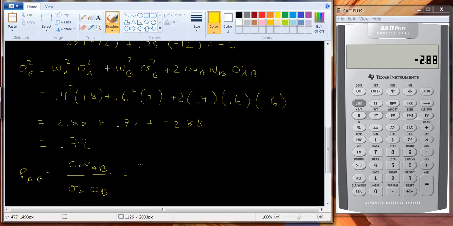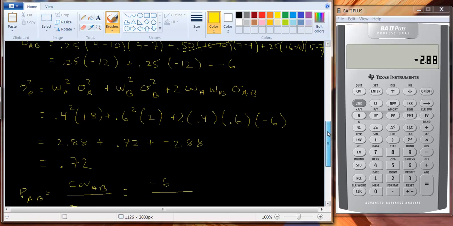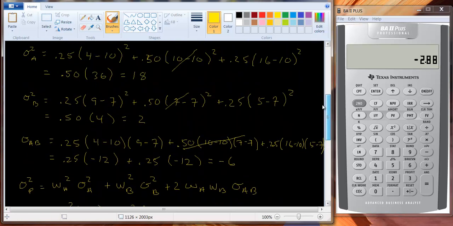Okay, the covariance was -6. What was the variance of A? It was 18, I believe, right? Let's just go back and check. It was 18, and the variance for B was 2.